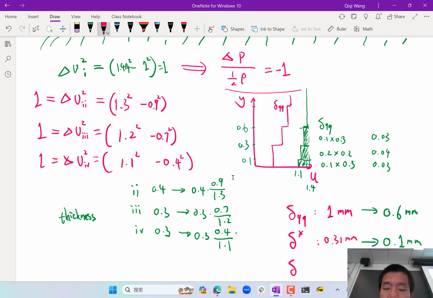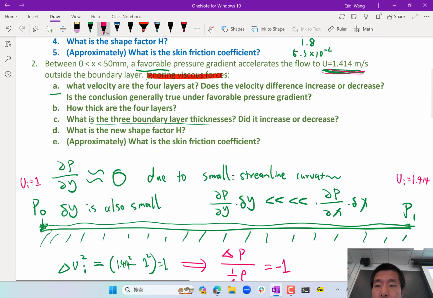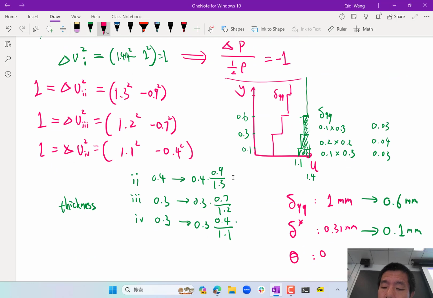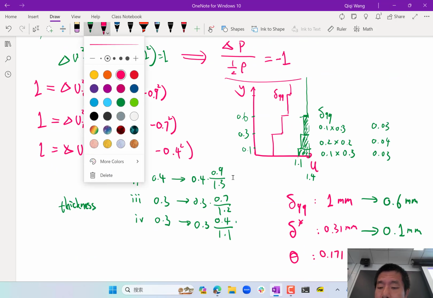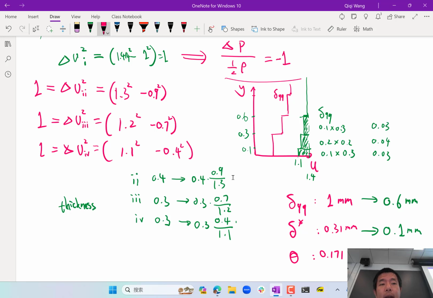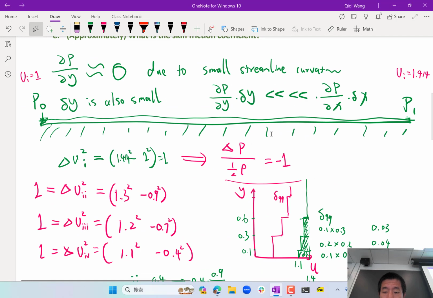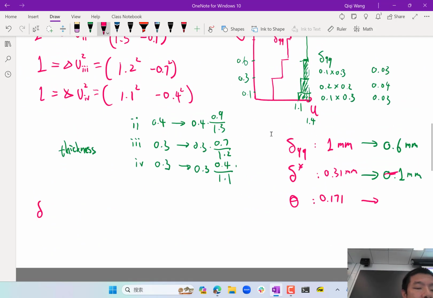Okay, and how about theta? Theta has gone from 0.171, and to compute theta now we need to do another multiplication. Oh, actually, sorry, I think I didn't do it correctly. I just counted the area without normalizing, without the division. So again, let me write the definition. Delta star is equal to the integral of 1 minus u over ue.